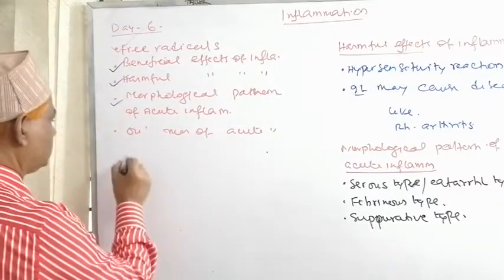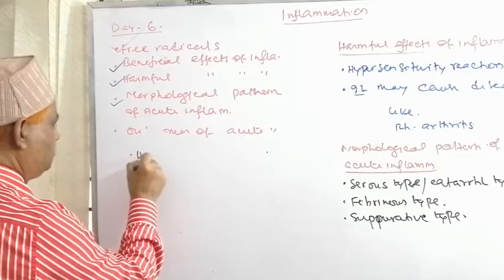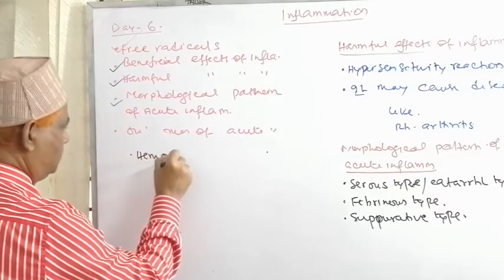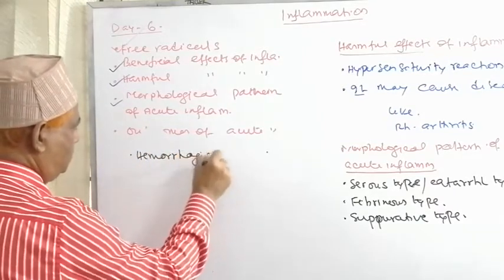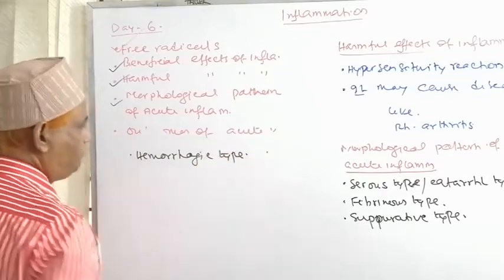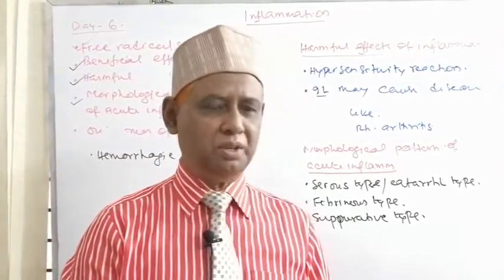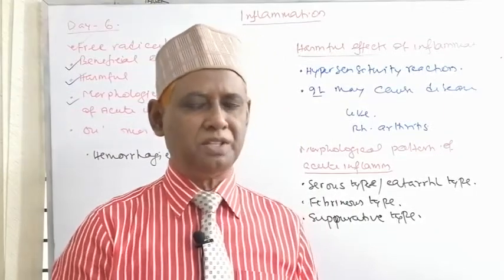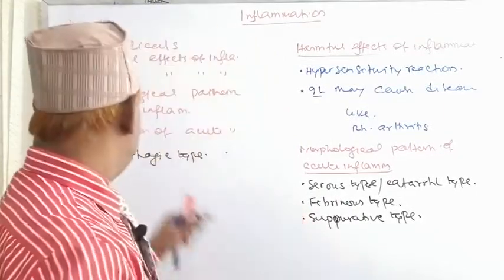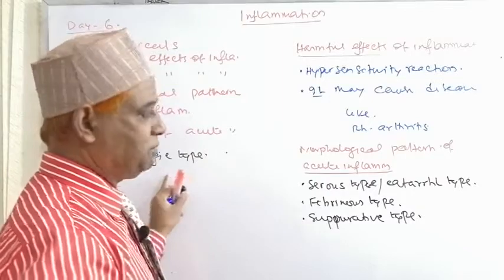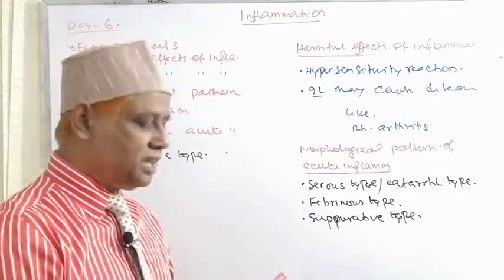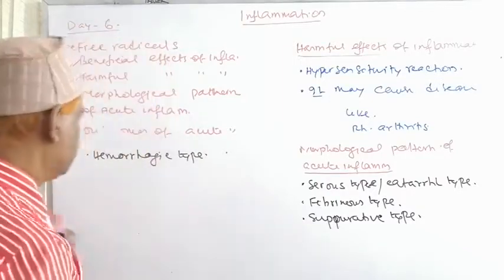It may be hemorrhagic type. If exudates is mixed with hemorrhage, blood, such type of acute inflammation is called hemorrhagic type of acute inflammation. For example, sometimes acute appendicitis may be hemorrhagic type.